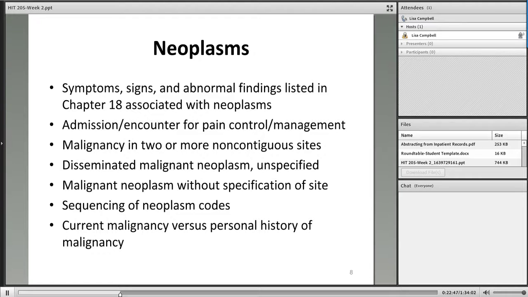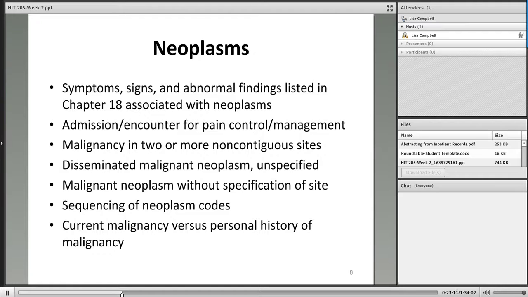One last one that I do want to look at, which is typically a common problem, is current malignancy versus personal history. One of the reasons I wanted to look at this guideline is because physicians don't know coding. And they will commonly say, oh, history of breast cancer, had chemotherapy today.